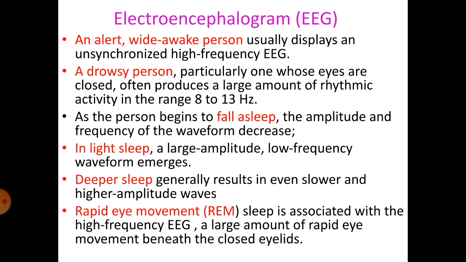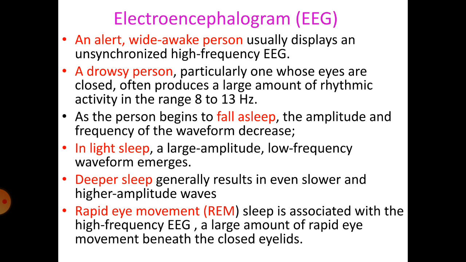An alert, wide awake person usually displays an unsynchronized high frequency EEG. A drowsy person, particularly when the eyes are closed, often produces a large amount of rhythmic activity in the range 8 to 13 Hz. As the person begins to fall asleep, the amplitude and frequency of the waveform decrease.